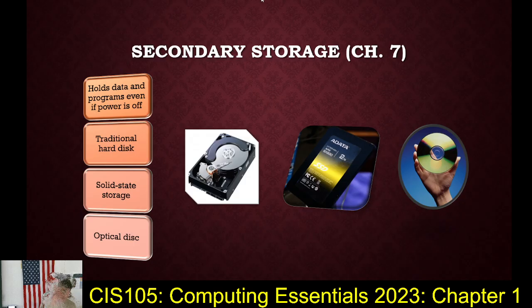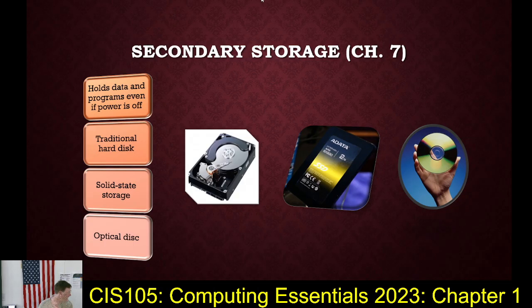So the traditional hard disk, your book calls it just the hard disk. I call it the traditional hard disk because it's been around since the dawn of time. I'm kidding, it's been around since the 70s, 80s. And it's always had spinning platters. And the biggest problem with these, you know the answer to this question already, is that they can crash quickly.